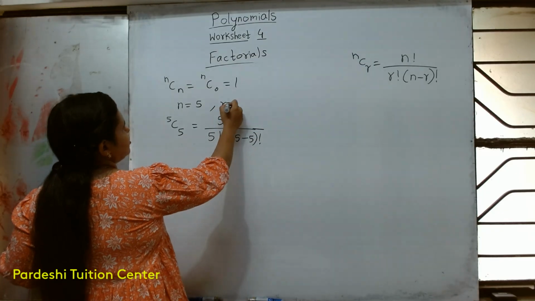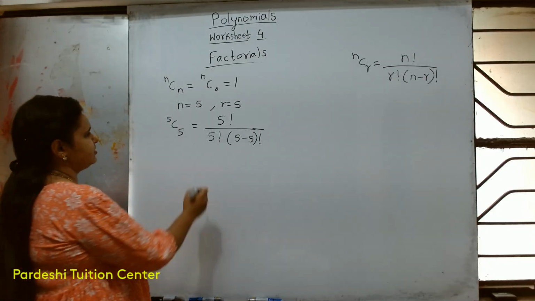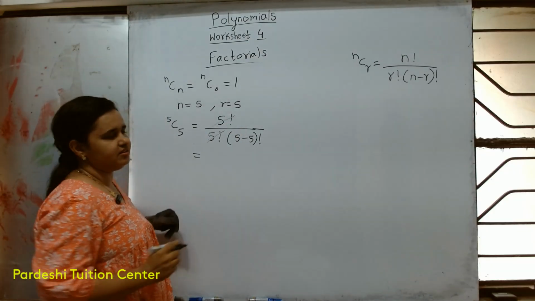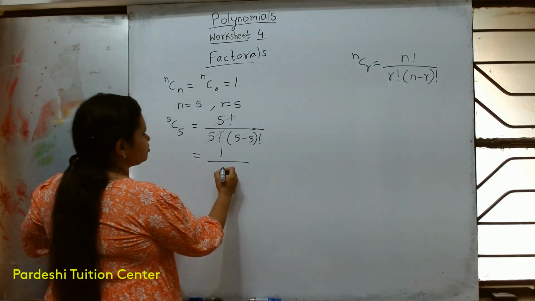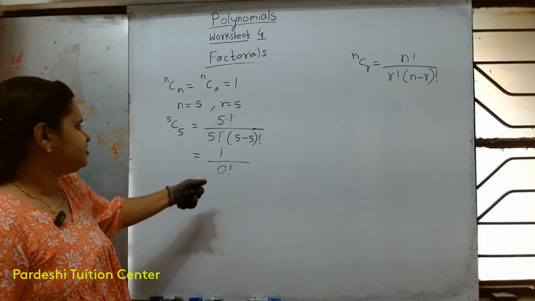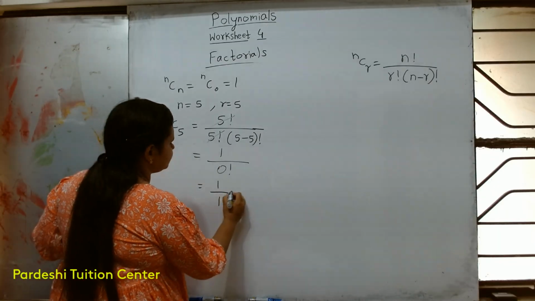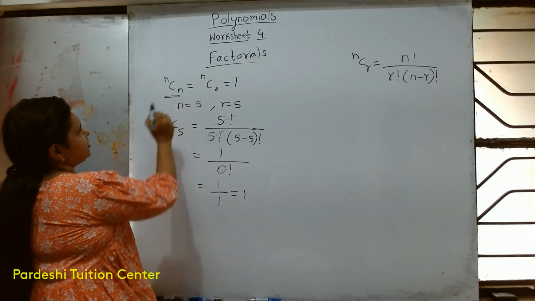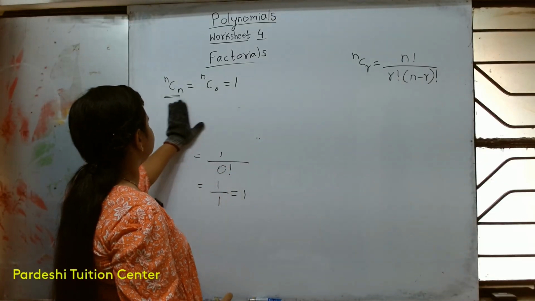So 5 factorial will get cancelled, and 5 minus 5 is 0, so it will be 0 factorial, and we have just seen that 0 factorial is 1. So it will be 1 upon 1, that is equal to 1. So here nCn equal to 1 is true. Now we will check for nC0.